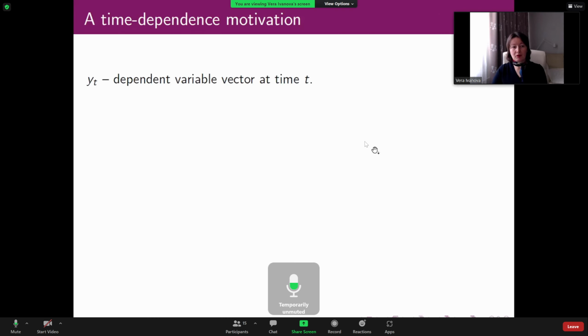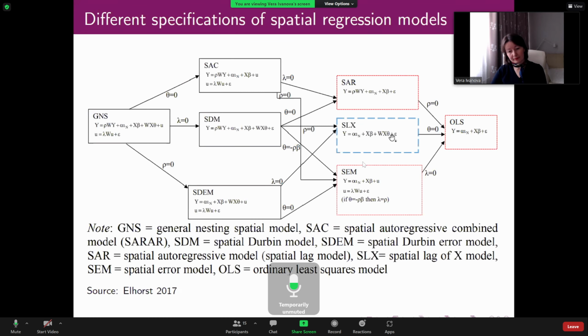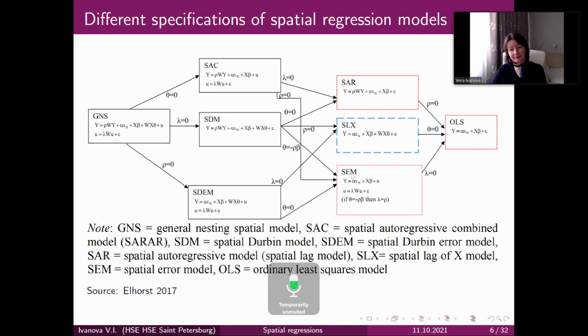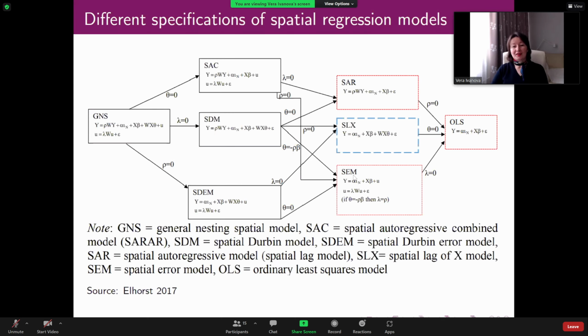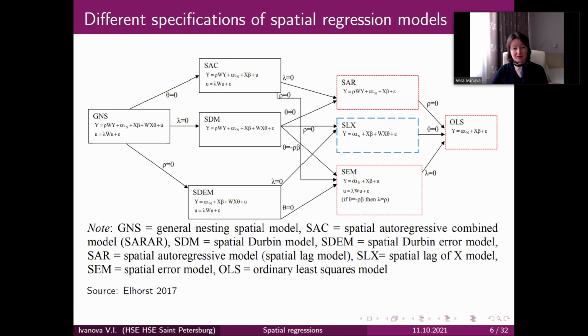Excuse me, shouldn't we just try to use a GNS in every case? So it's the most complicated one, and it includes all the combinations. Yes, but it's not necessary.